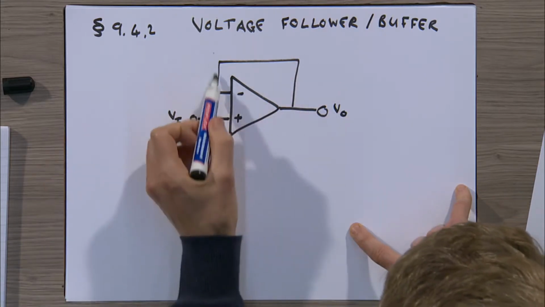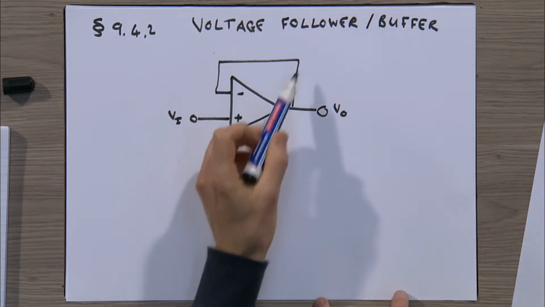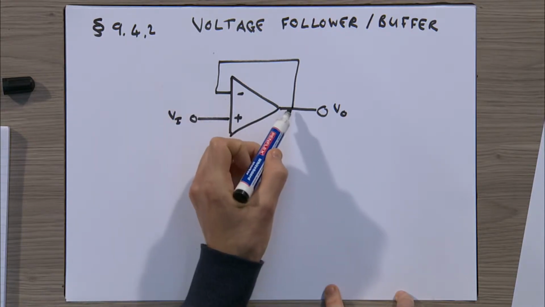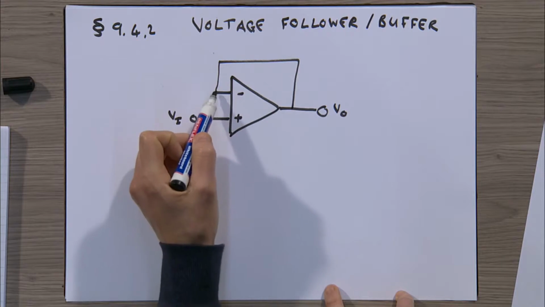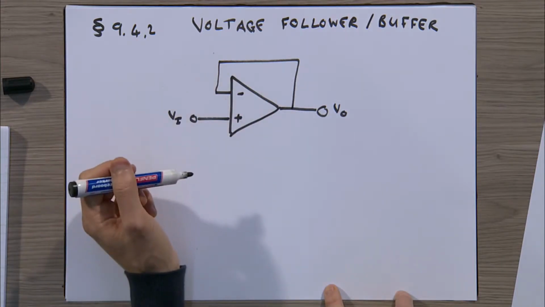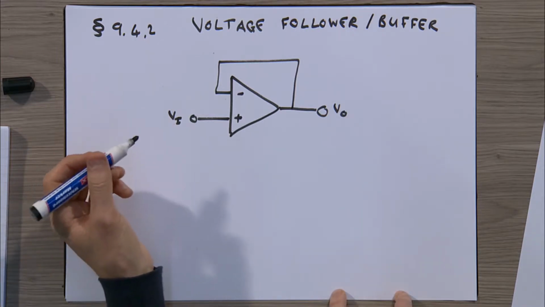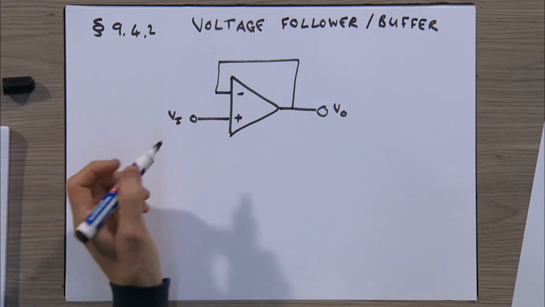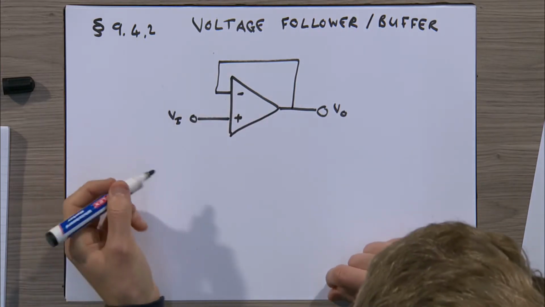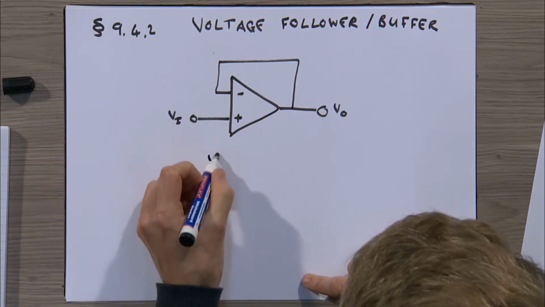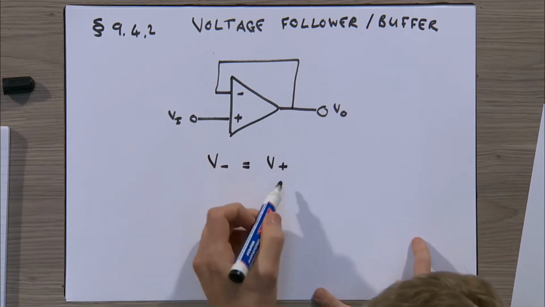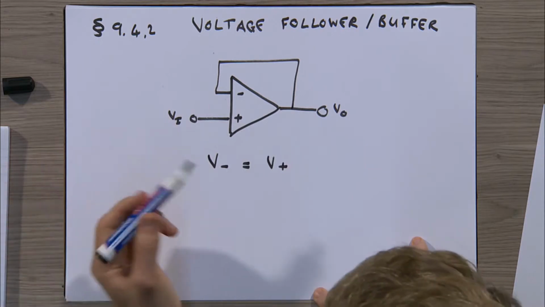There is still feedback being applied, but the feedback is directly from the output to the inverting terminal, and there are no resistances. So how do we analyze this? Well, we still have our properties of the operational amplifier, which we can use. We can say that the inverting terminal is always equal to the non-inverting terminal whenever we have feedback, and we do have feedback.